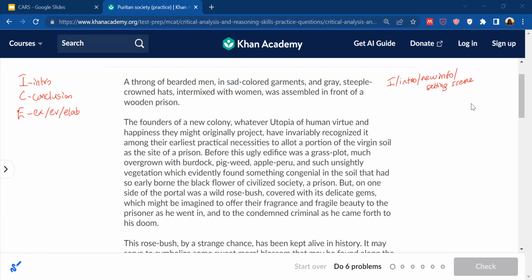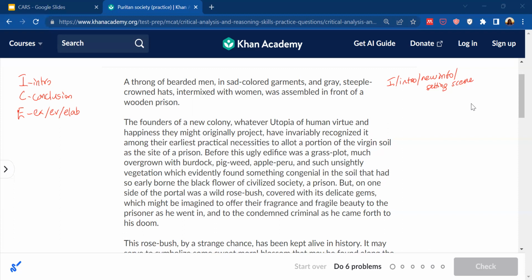So the founders of a new colony, whatever utopia of human virtue and happiness they might originally project, have invariably recognized it among their earliest practical necessities to allot a portion of the virgin soil as the site of a prison. Before this ugly edifice was a grass plot, much overgrown with burdock, pigweed, apple peru, and such unsightly vegetation, which evidently found something congenial in the soil that had so early borne the black flower of civilized society, a prison.